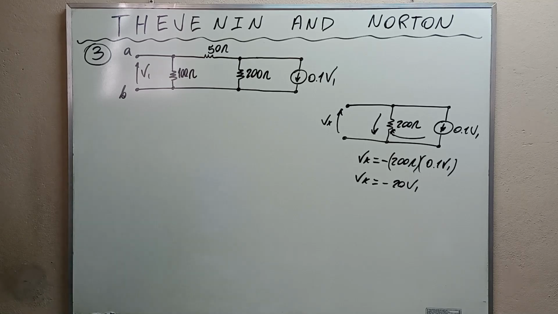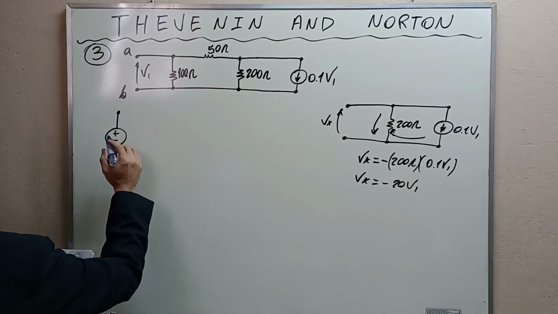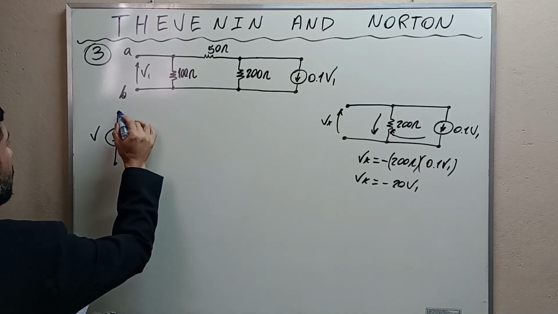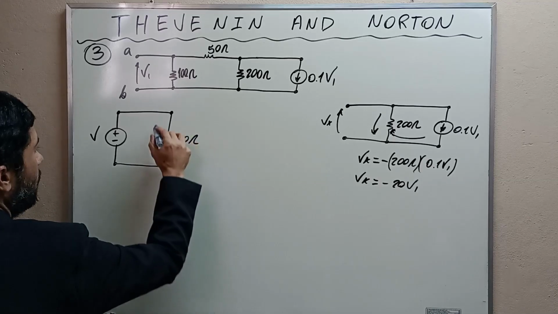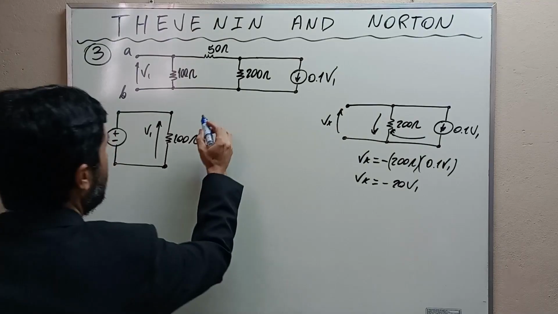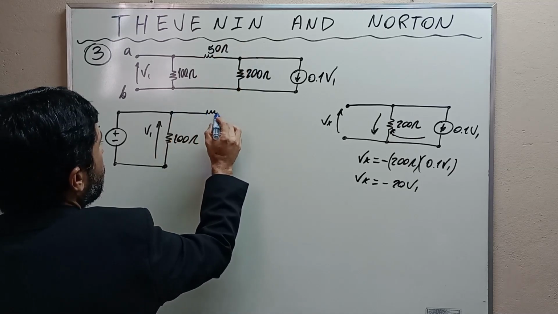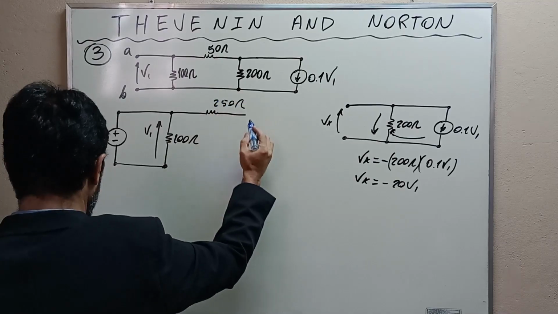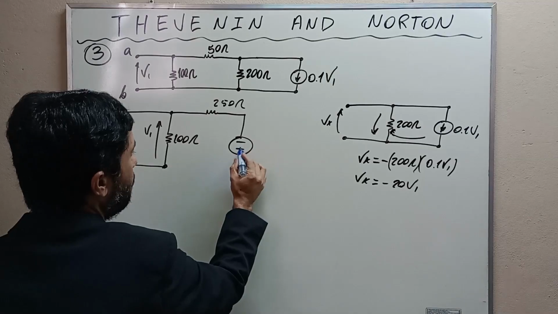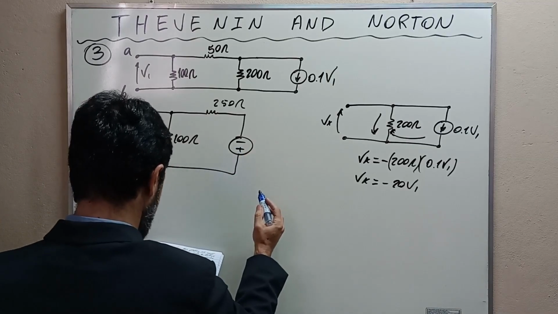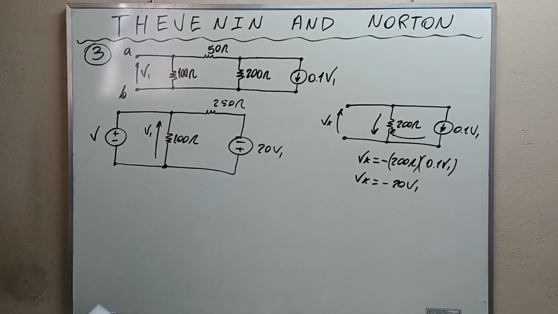Remodeling the circuit and using a test voltage source, we can use a test voltage source here, plus minus V, and here 100 ohms, this will be V1, and here 50 plus 200 is 250 ohms, and here the negative sign means that the polarity is inverse, okay? And here 20 V1.